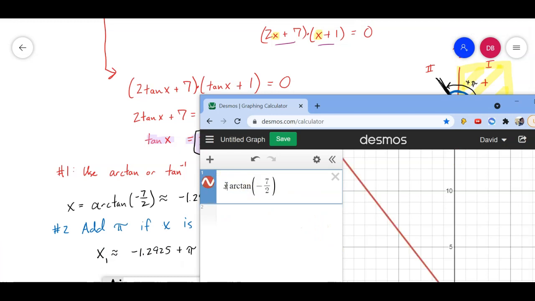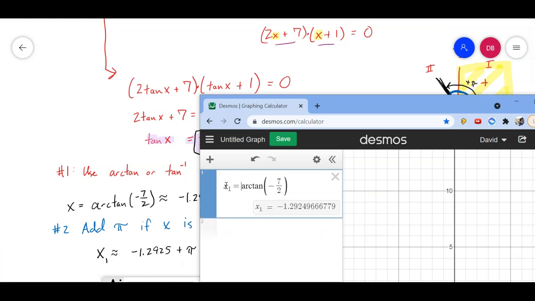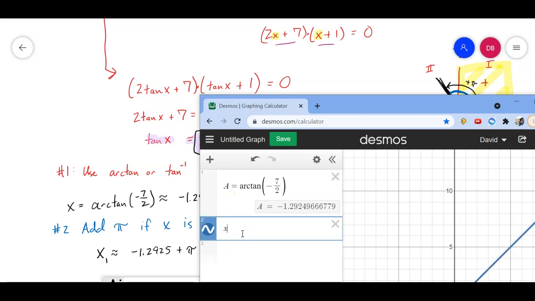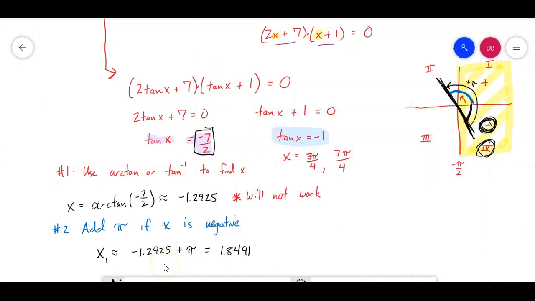Let's call that angle A. I'm going to say x1, the first solution, is equal to that angle plus pi. And I get 1.8491. So that's the first number between 0 and 2 pi that works, approximately.